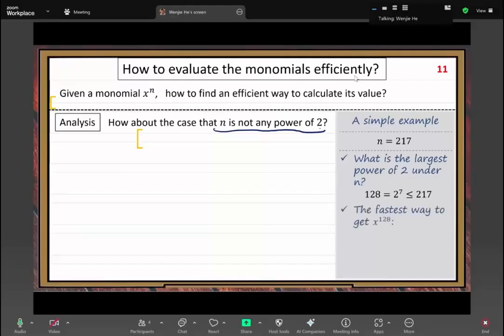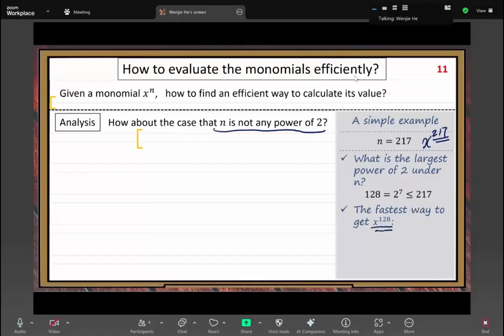The fastest way to get x to the 128. So now, this time we want to do preparation. Our goal is to calculate x to the 217. But to do that, we need to do some preparation. The preparation step is to calculate x to the 128.